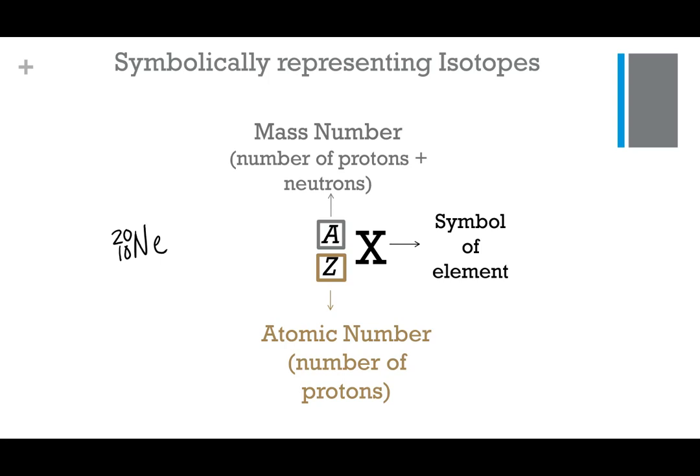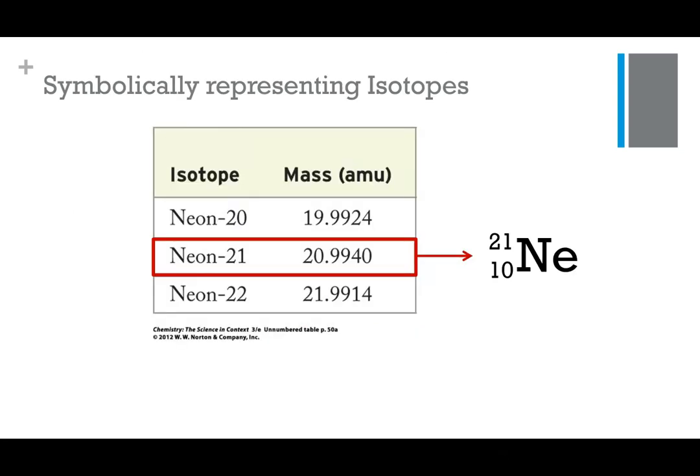So the mass number equals protons plus neutrons. I'm given the mass number at the top, so the mass number is 20. I know that we're dealing with neon, so I know that it has 10 protons.